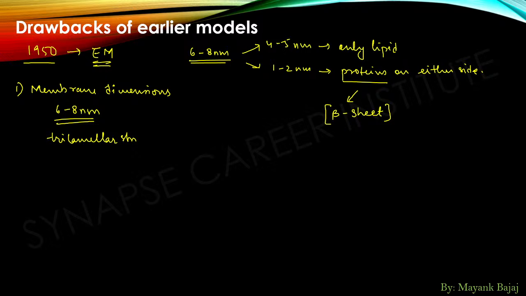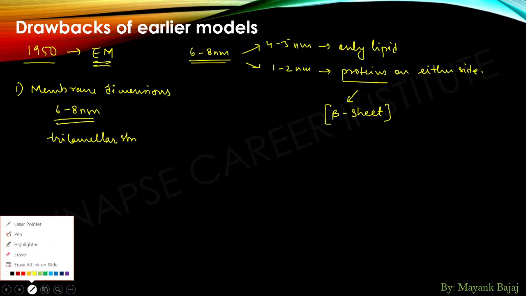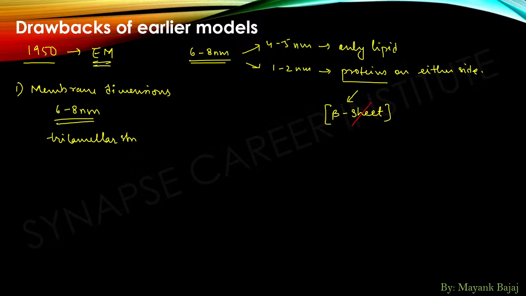However, on extracting the proteins, they found कि बीटा शीट में नहीं थे, they were in the form of globular proteins. So on the basis of this, they suggested that the proteins must be protruding inside the membrane and not forming the layer, right?